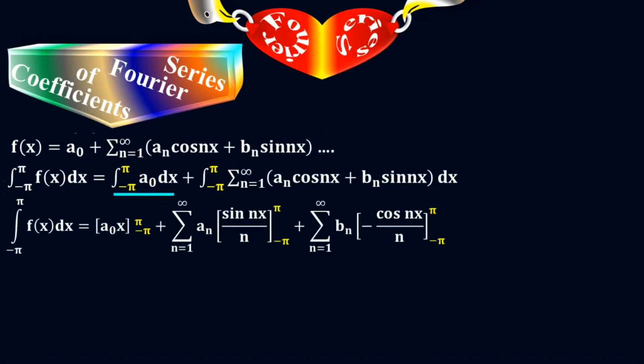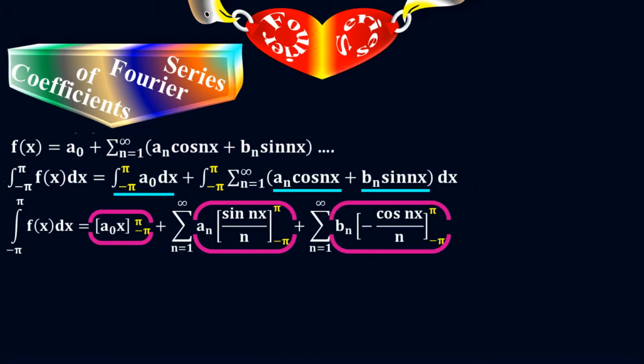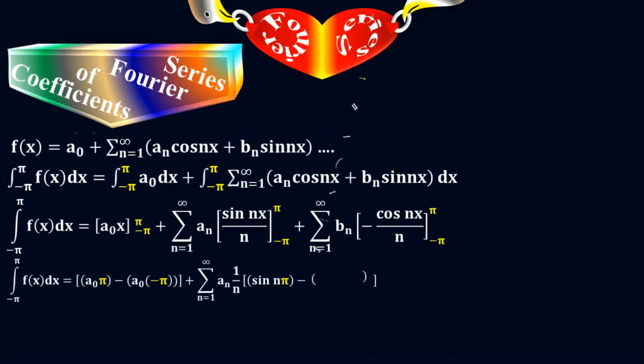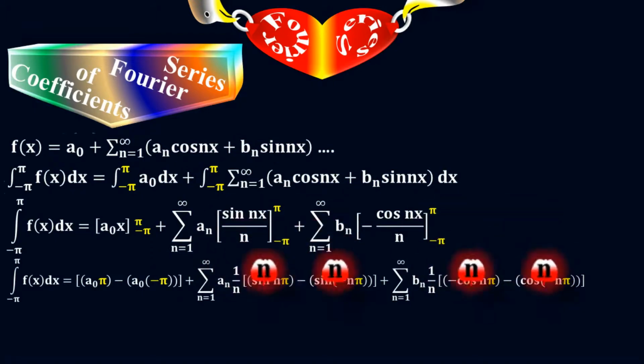Integration of a sub naught with respect to x equals a sub naught times x. Integration of cos nx is sin nx over n. Integration of sin nx is minus cos nx over n. Distribute the limits here. You see that there are sin n pi and cos n pi.